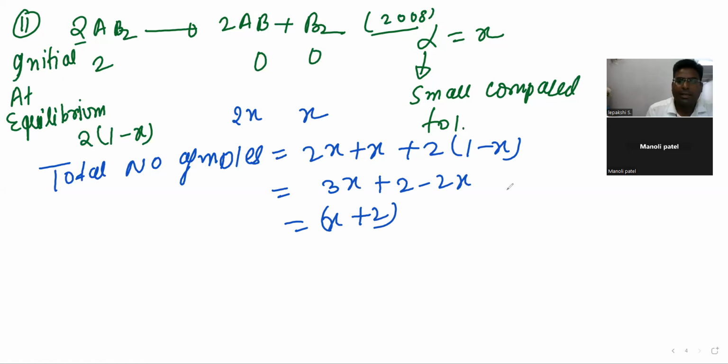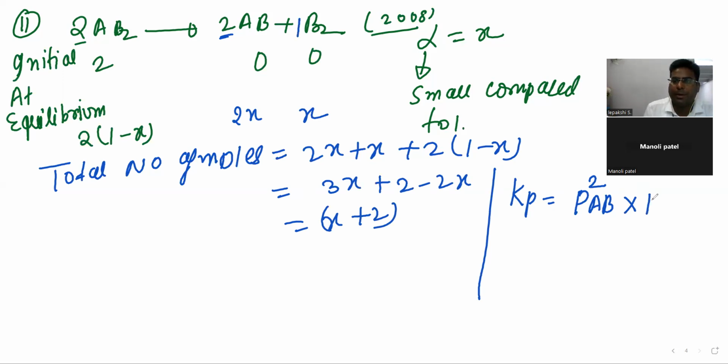Now write the equilibrium constant Kp, the equilibrium constant in terms of partial pressure. It will be the partial pressure of AB raised to 2, because its coefficient is 2, into partial pressure of B2 raised to 1, divided by partial pressure of AB2 raised to 2.